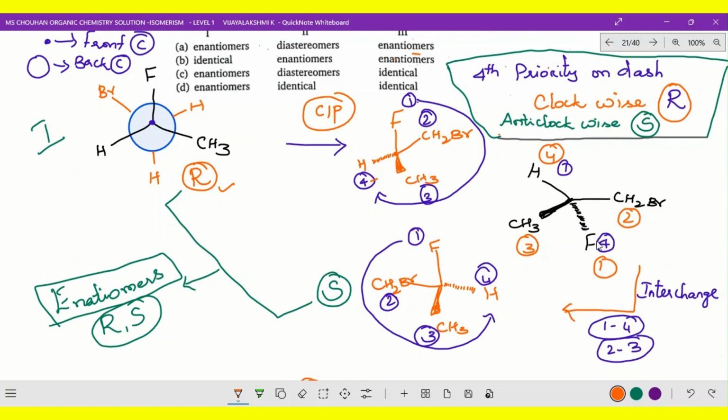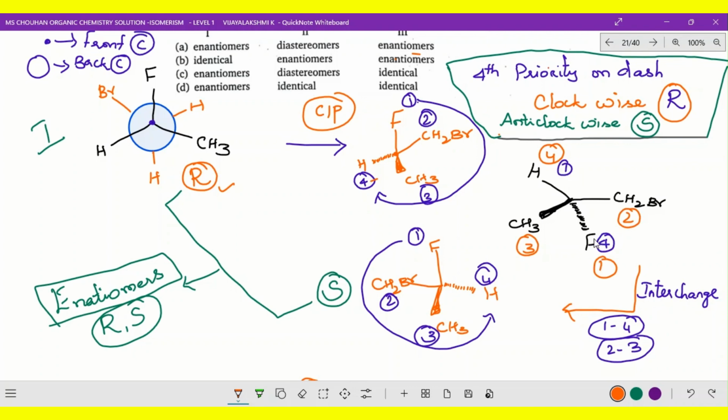So interchanges have to take place. Before going for interchanges, I give the order 1, 2, 3, 4. After that, interchanges will take place: fluorine has to go to the higher priority position and hydrogen has to come here. So fluorine will go there and hydrogen will come here. I put it in blue color.